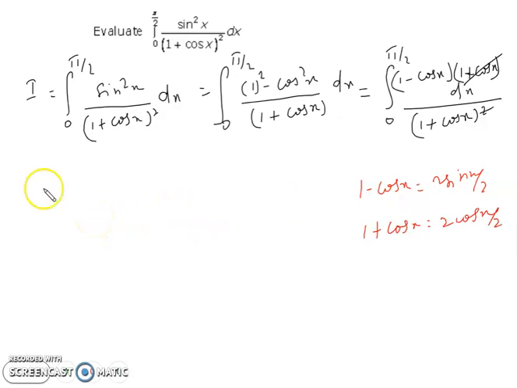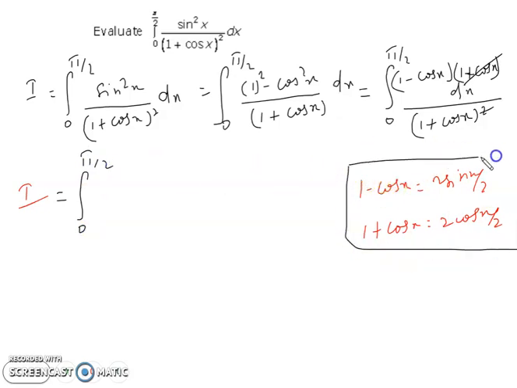So you can directly say that I is equal to the integral from 0 to pi by 2, and this is the formula: 2 sin square x by 2 divided by 2 cos square x by 2 dx.